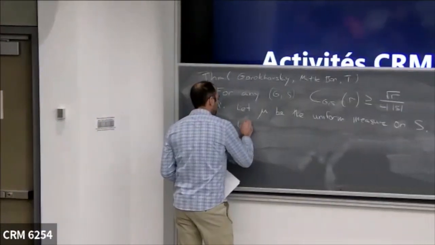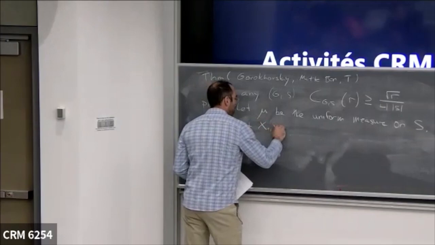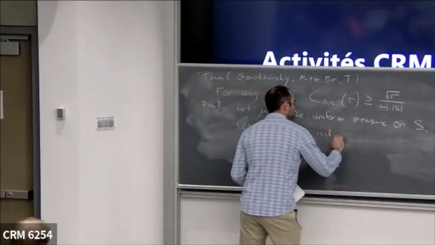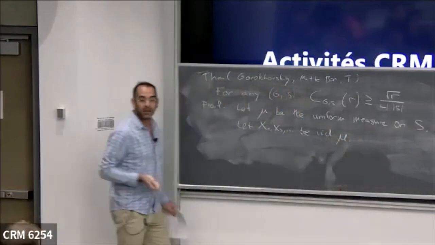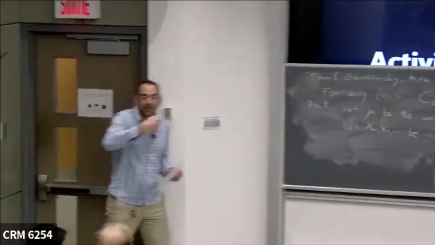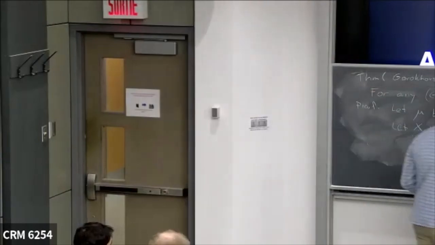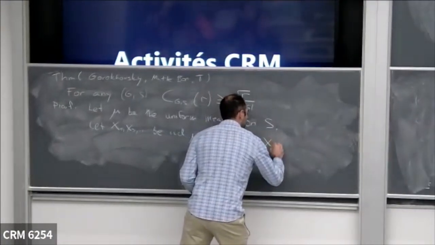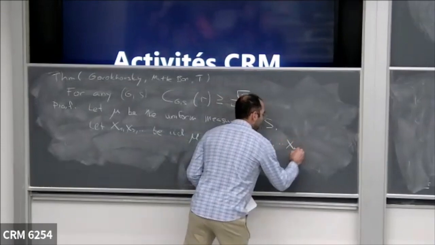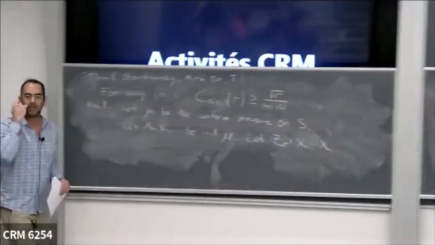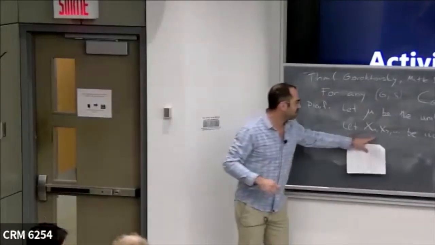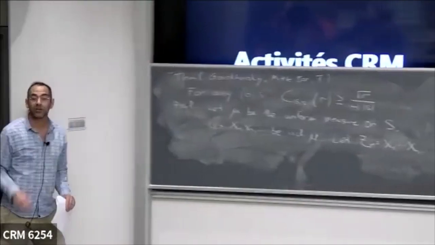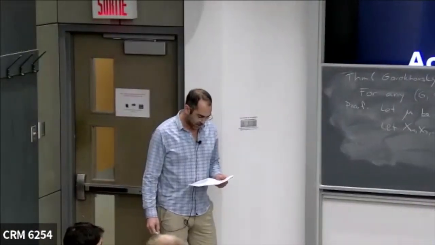Let x1, x2, and so on be random variables that are IID mu, so I choose independently from mu. These are going to be the jumps of my random walk. And I'm going to let Zn be the product x1 up to xn. These are the locations of my random walk.